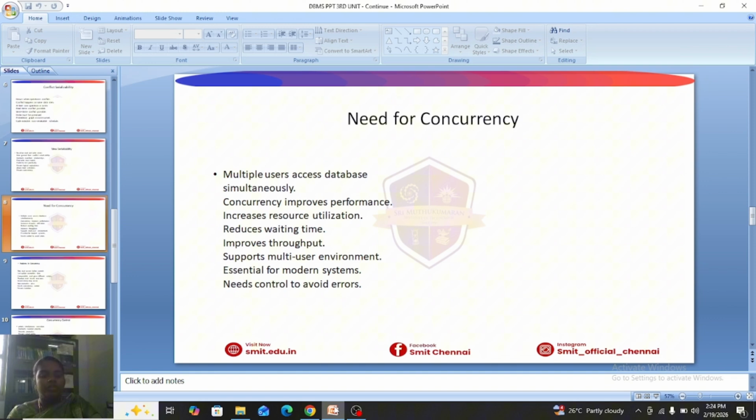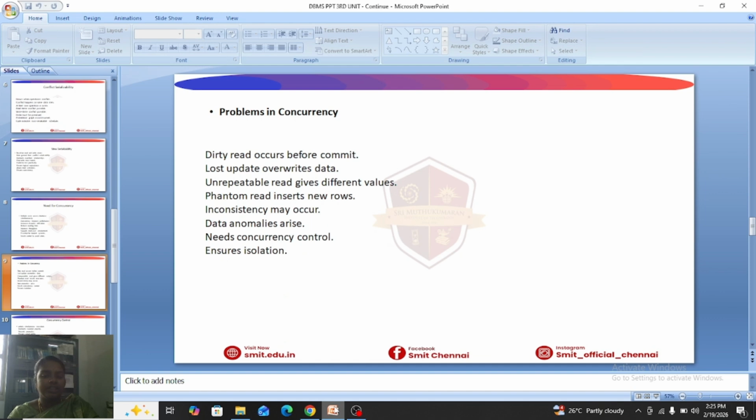Moving on to the need for concurrency. Multiple users access the database simultaneously. Concurrency improves performance, increases resource utilization, reduces waiting time, improves throughput, supports multi-user environment, essential for modern systems, needs control to avoid errors.